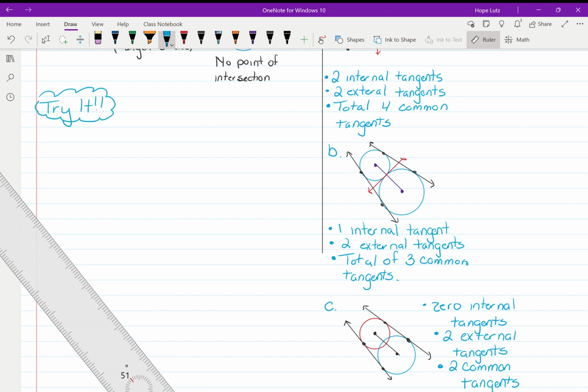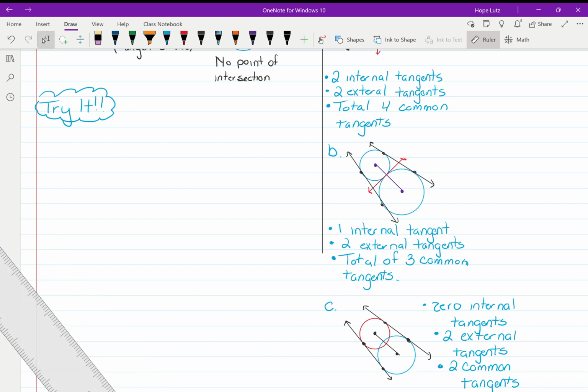I'm going to draw 3 sets of circles, and then you're going to go in and answer them. Right, that is A. We'll do B.